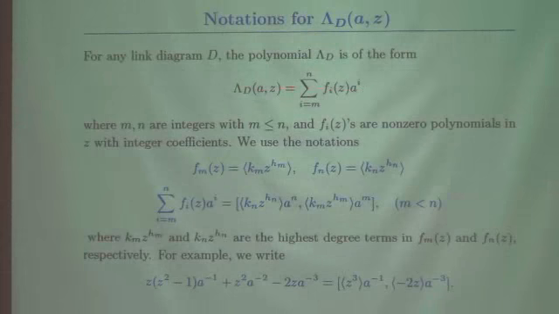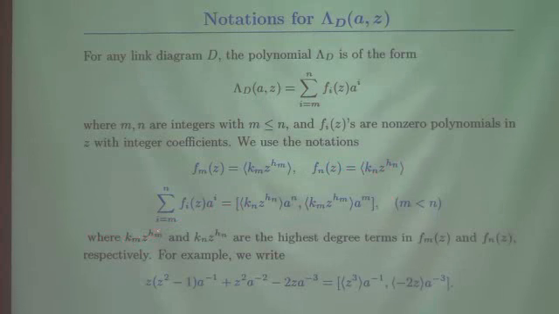Fm and Fn are non-zero, and the middle ones may be 0. And we use this notation: Fm z is equal to Km z to the power Hm, and Fn z is equal to Kn z to the power Hn.